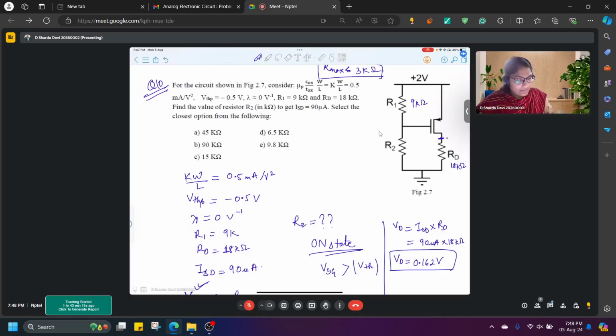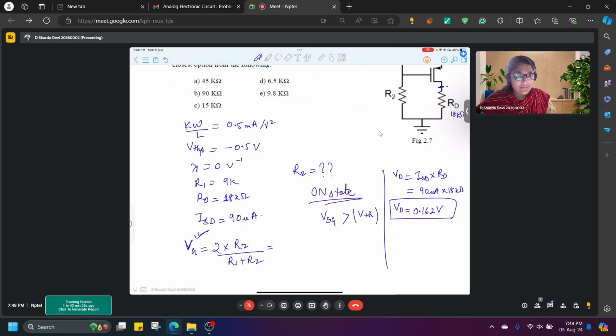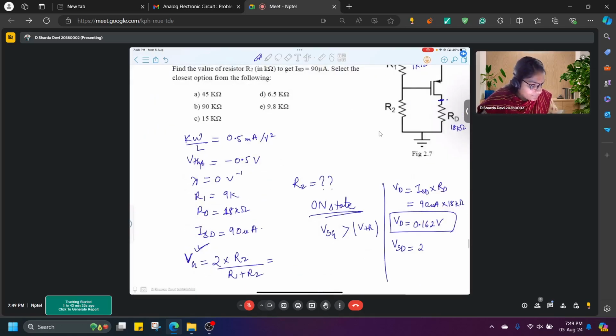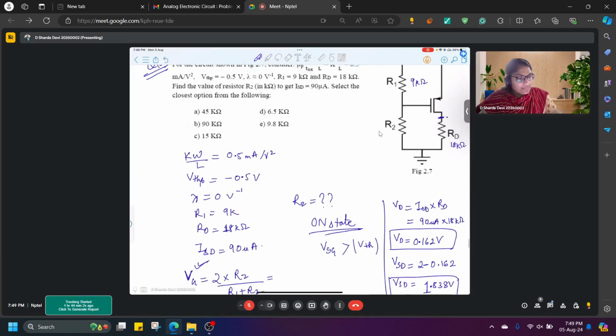VD is 0.162 volts. Okay. So VSD will be 2 minus 0.162. So VSD is 1.838.